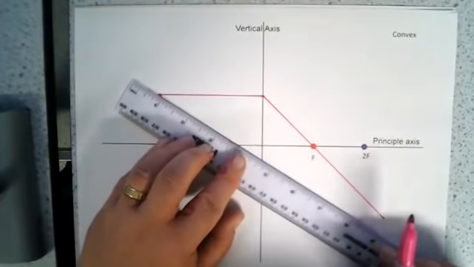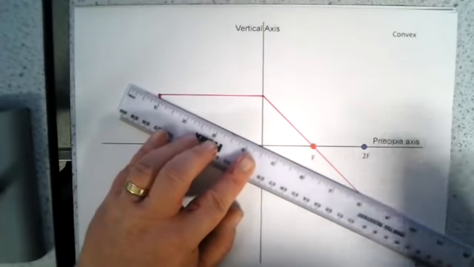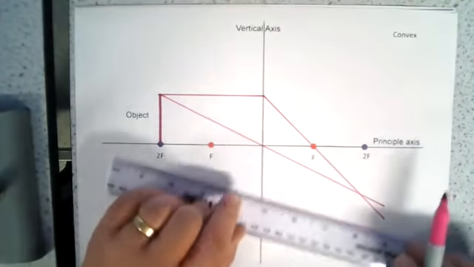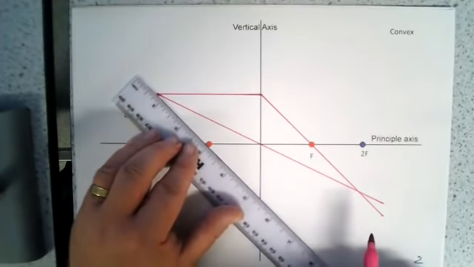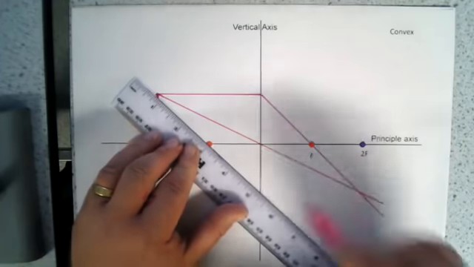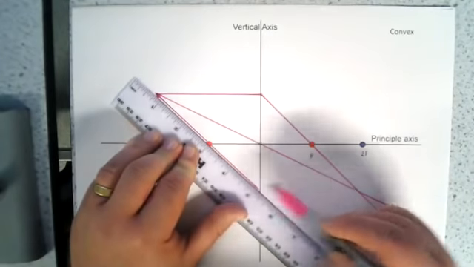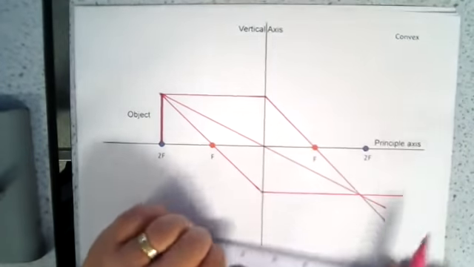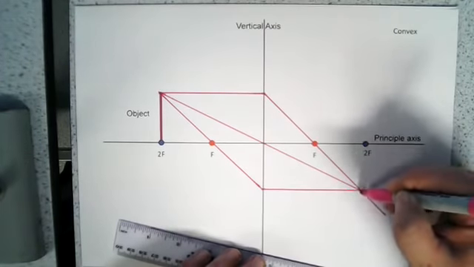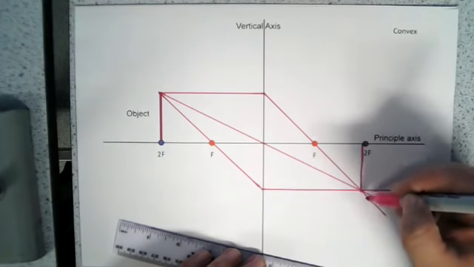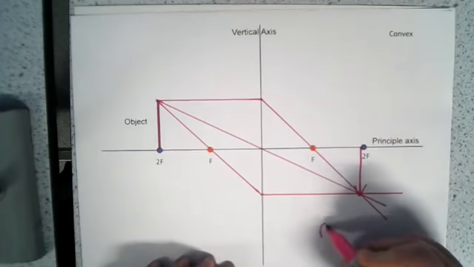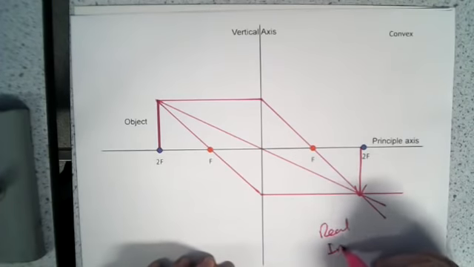I then have it going straight through the center, trying to be as accurate as I can, but with speed, through the focal point, and then across. So our image is now formed here, and I take it up, okay? So our image is real, inverted, and it's the same size.